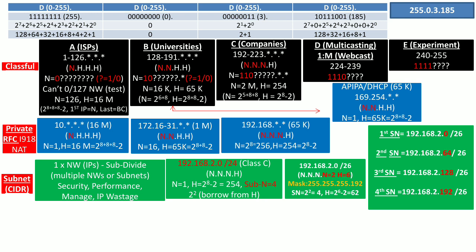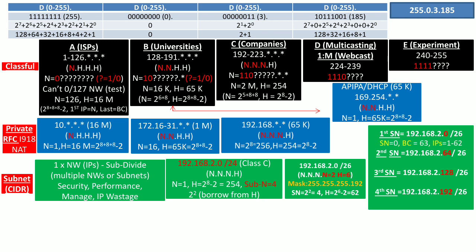So these are the 4 subnets: the 0 subnet would use 64 IPs, until 63, and 63 would be the broadcast address, and then 64 would be the next subnet, and likewise 128 would be the next subnet, and 192 would be the next subnet.